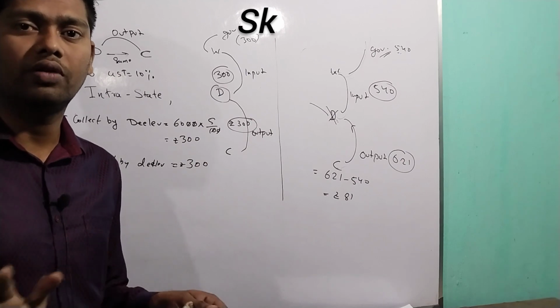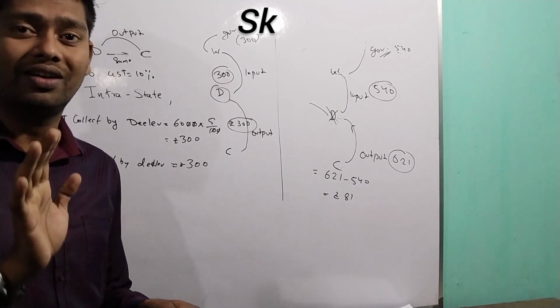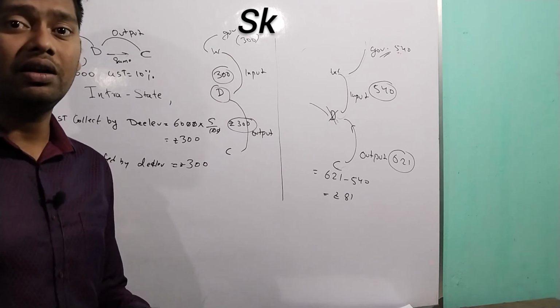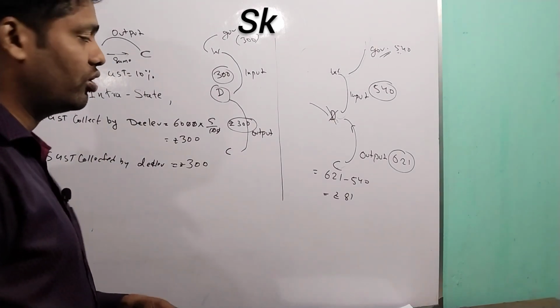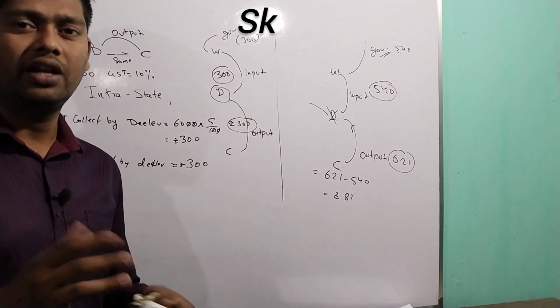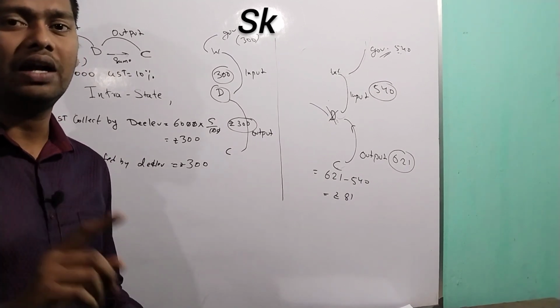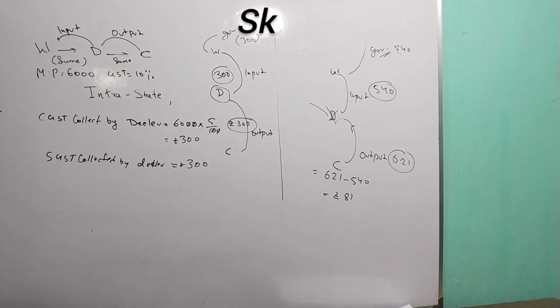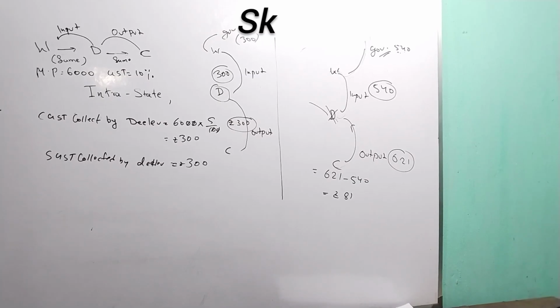So there is nothing to give to the government, because he already paid the tax on 6,000, that was the marked price. If he had made a profit of any amount on the 6,000, over that amount he has to pay the tax. Understood?